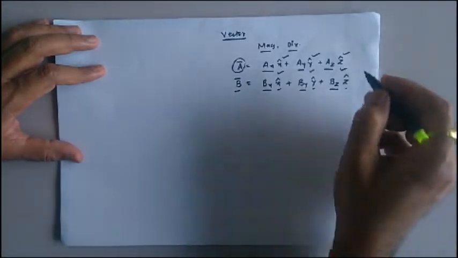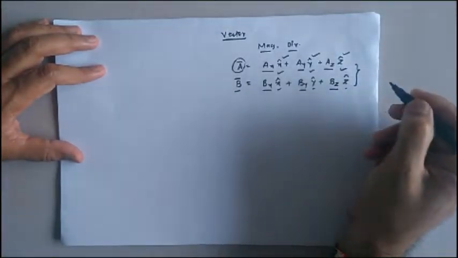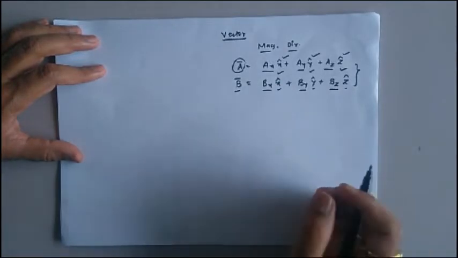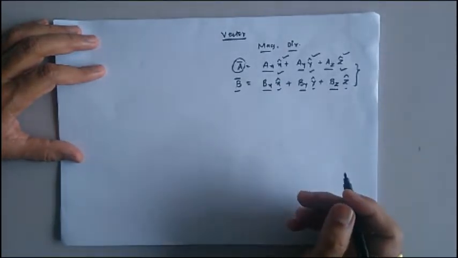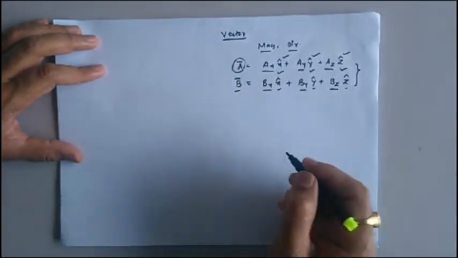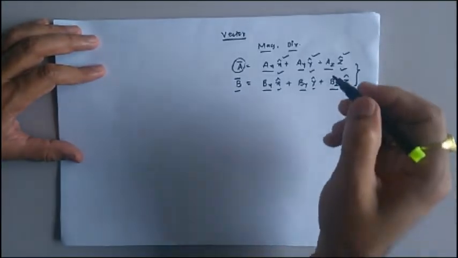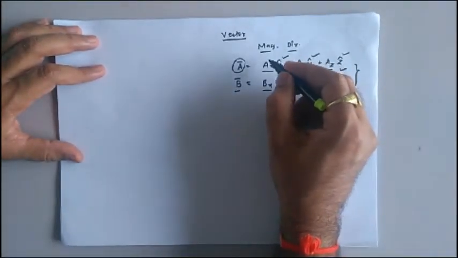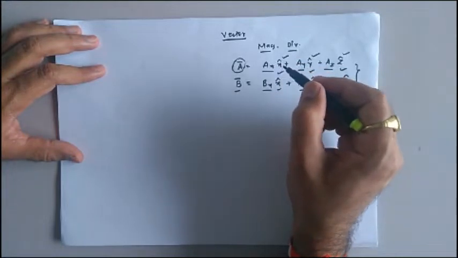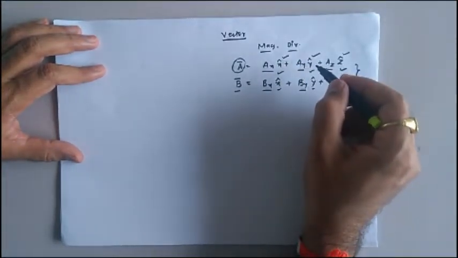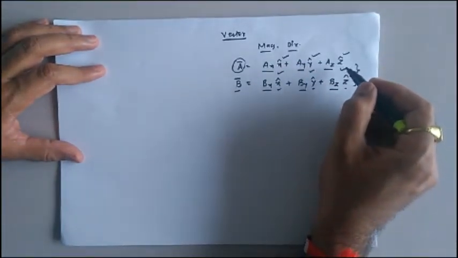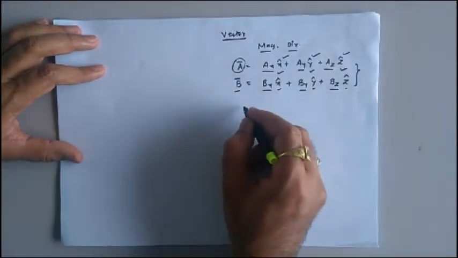Now if you want to check whether these two vectors are exactly equal or not, how to identify that? We need to compare these two vectors, or check the magnitude of the various components of each vector corresponding to the x-axis, y-axis and z-axis unit vectors.